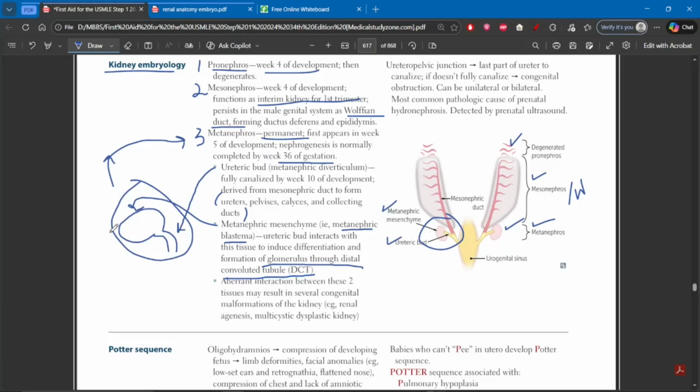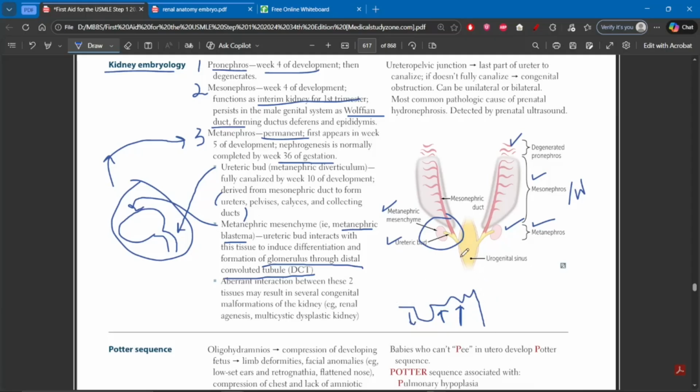So try to visualize this as the kidney. Let me roughly draw a picture. Let's say that this is the kidney's rough diagram. This is the proximal tubule, this is the descending limb, this is the ascending limb, this is the distal convoluted tubule, and this is the collecting duct. So this is a very rough diagram, but you are getting the point.